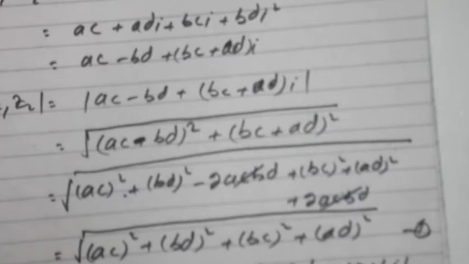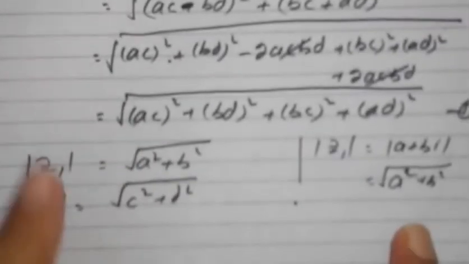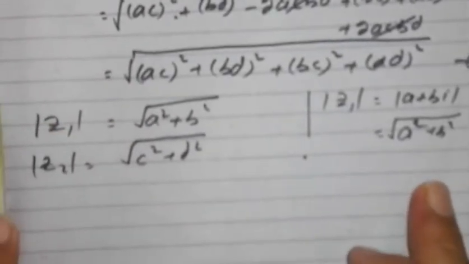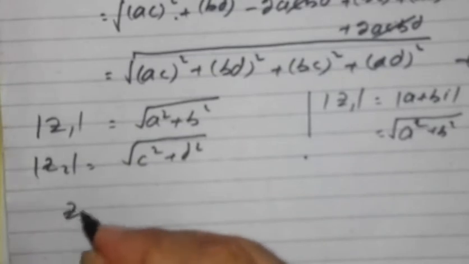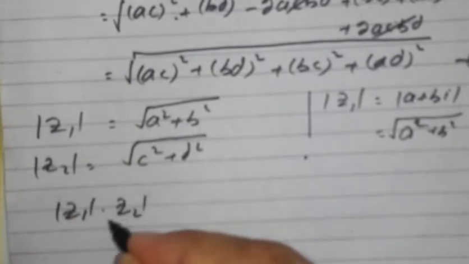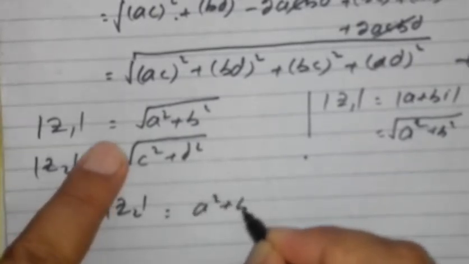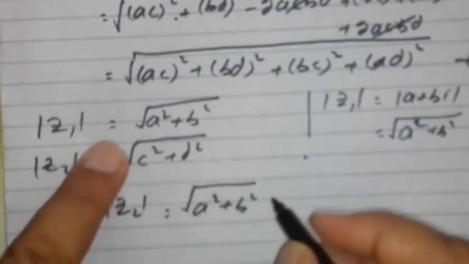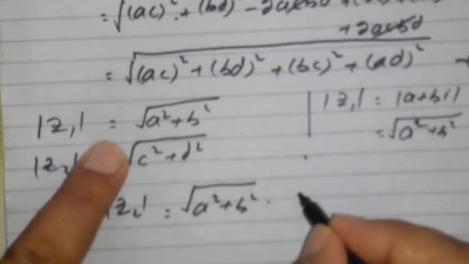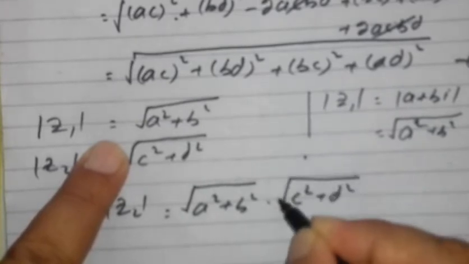Similarly this one. Now we will find the product of z1 modulus and z2 modulus, equals square root of a square plus b square into square root of c square plus d square.